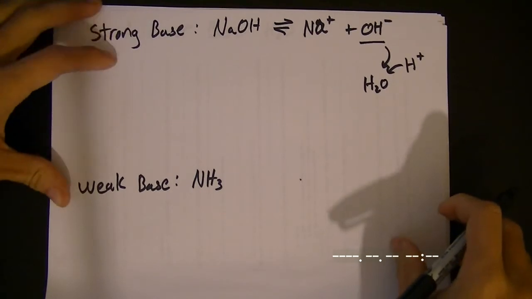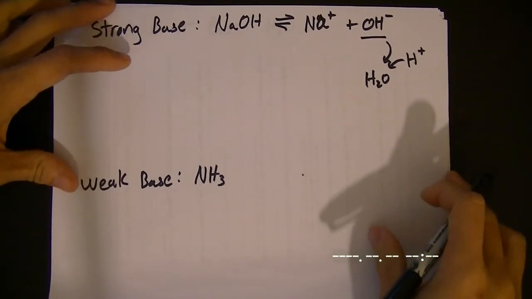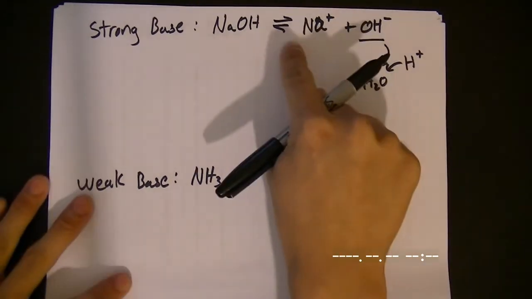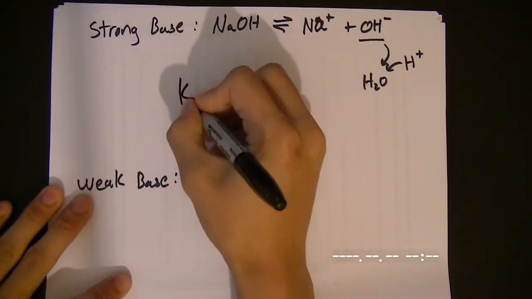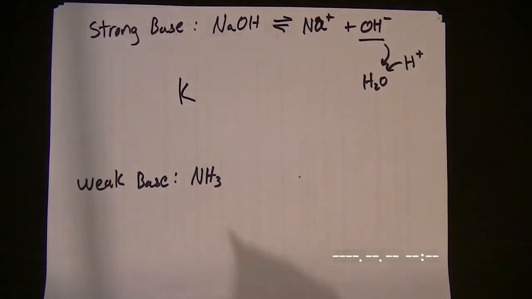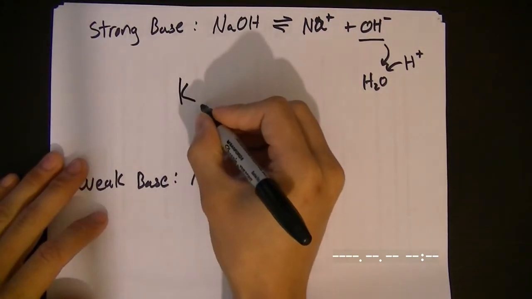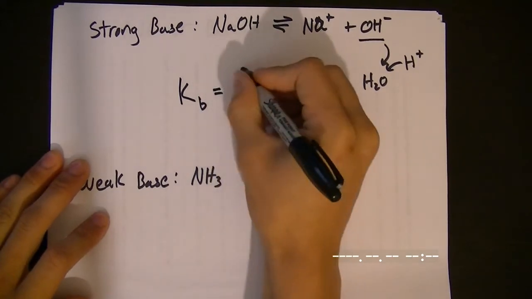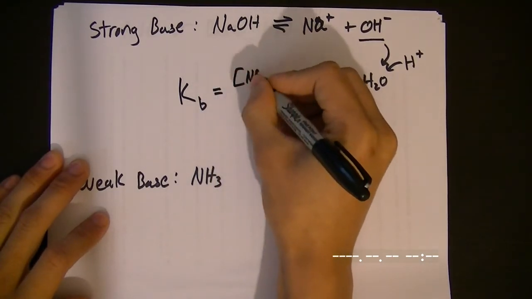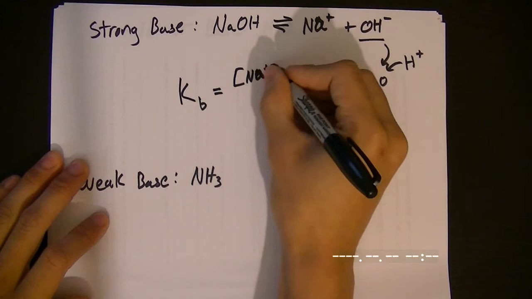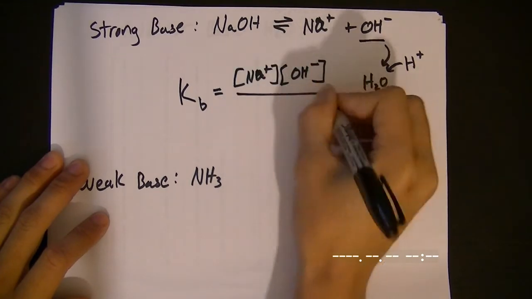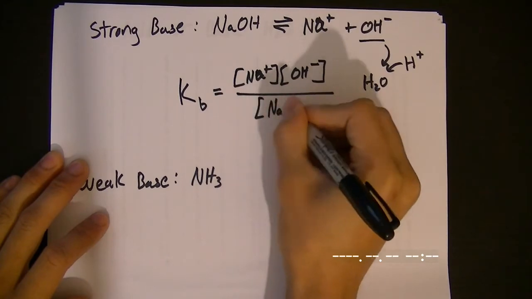Now a lot of you are noticing again that this is at equilibrium, meaning that we can use our equilibrium expression. Last time we used A for acids, so what do you think we're using here? You said B, yes, you're completely correct: Kb for bases equals the concentration of Na plus times the concentration of OH minus over the concentration of NaOH.